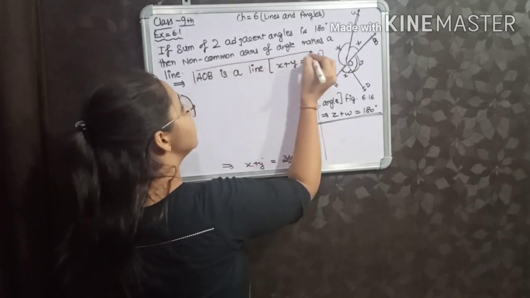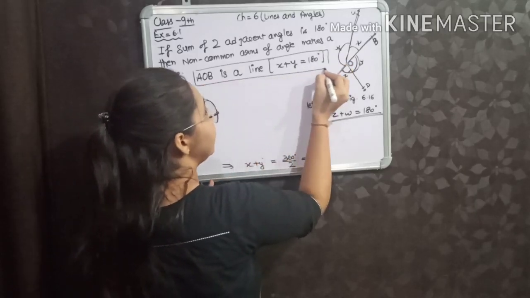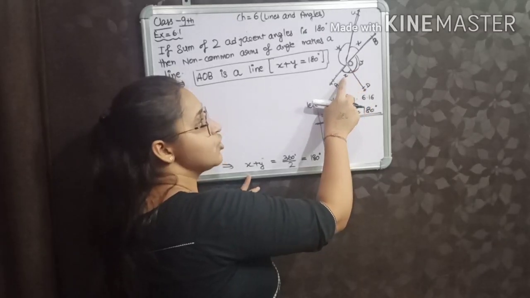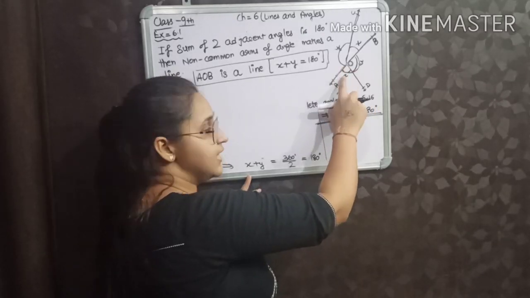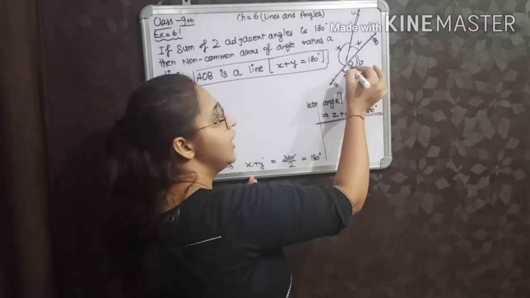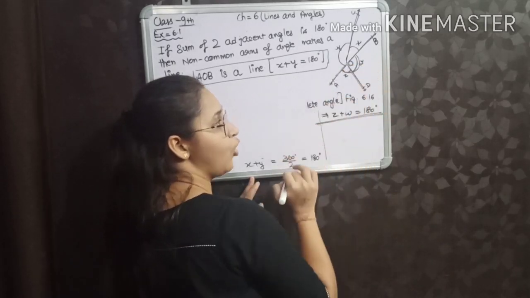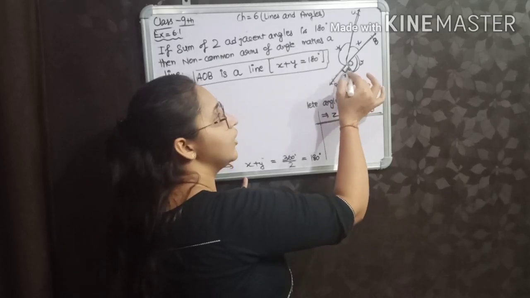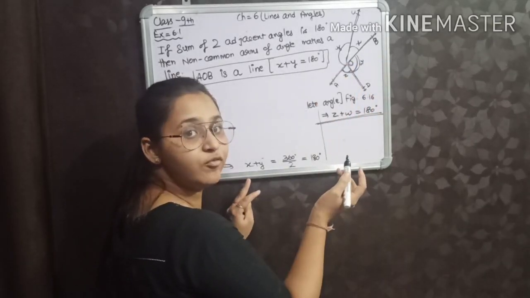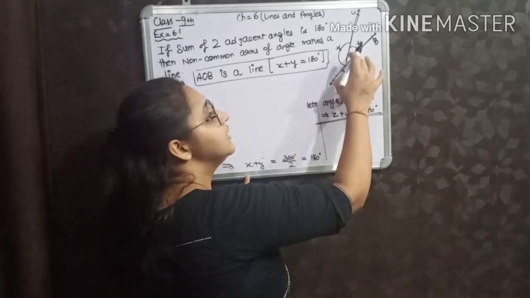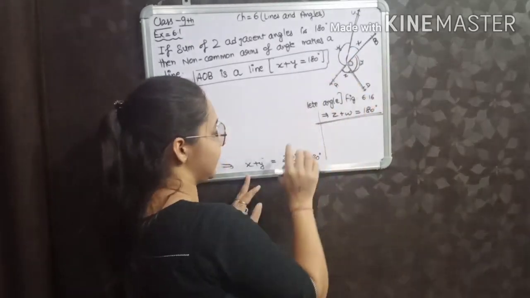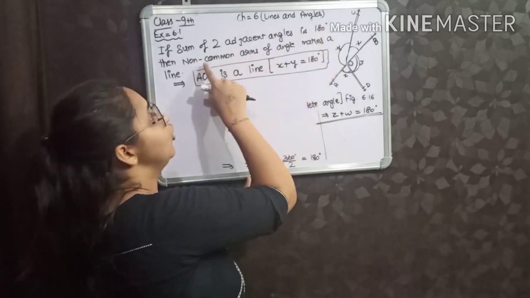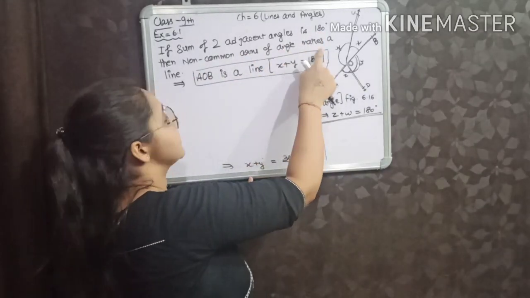Or similarly, we can say that if we take angle z and angle w, check first of all, are these adjacent angles? Yes, these are adjacent angles. Why? Because OD is the common arm, O is the common vertex, and OA and OB are on opposite sides of the angles. So the sum of these two adjacent angles is 180 degrees, and if the sum is 180 degrees, then the non-common arms of the angles make a line.